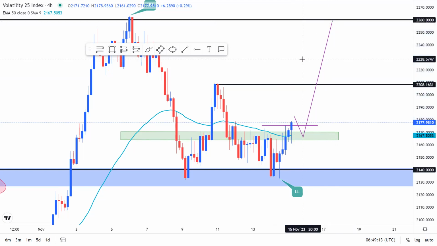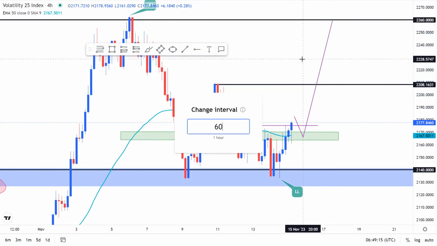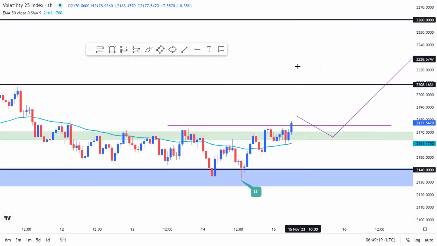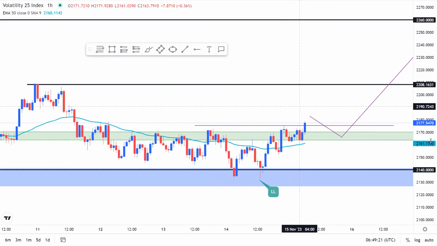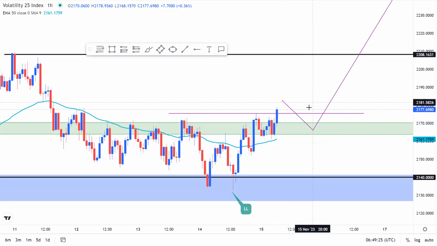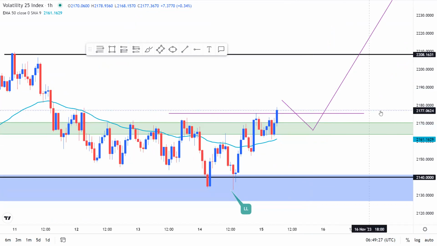Now, this takes me down to the hourly time frame. So we have clearly the daily time frame in the bullish market structure, the 4-hourly time frame in the bullish market structure.